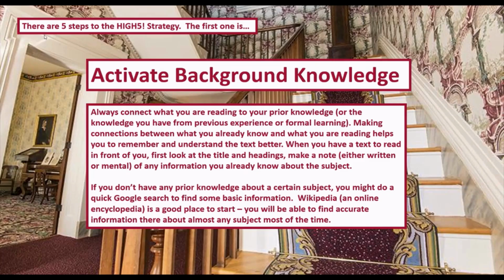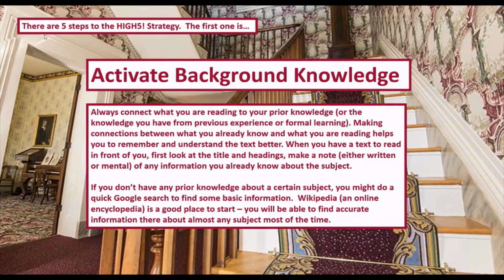And if, let's say, you don't have prior knowledge about a certain subject, that may be the case. You might do just a quick Google search to find some basic information. You might look at Wikipedia. Wikipedia is actually added to or maintained by people who are very knowledgeable about the subjects that they oversee. So Wikipedia is a place to get good general information.